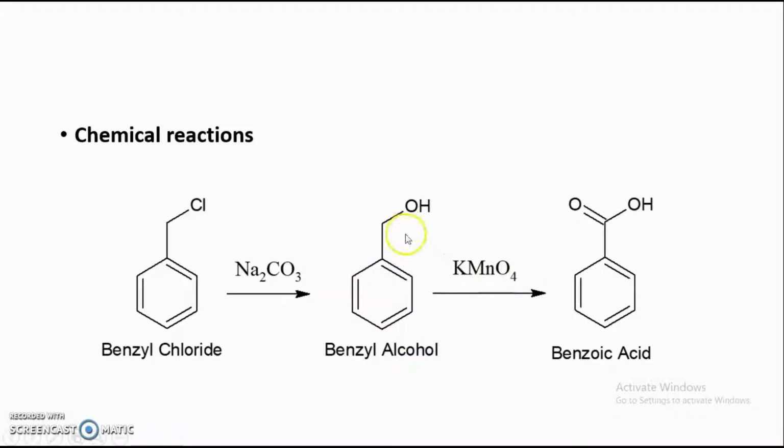Further, this benzyl alcohol will be converted into the benzoic acid. Means benzyl chloride is converted into benzoic acid with the help of the oxidation reaction. Here oxidation reaction proceeds through the formation of benzyl alcohol, which is consisting of a primary alcoholic functional group. So simple oxidation reaction is there.